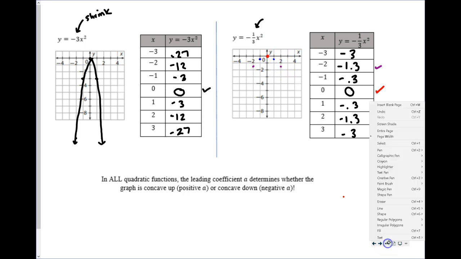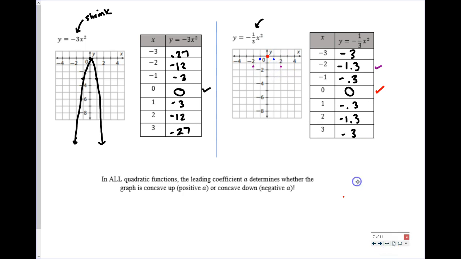All right, and then finally, negative 3, negative 3, I can graph that one, right? Do you see how much wider this is? Okay, that's what the fraction does to the graph. It makes it wider, okay? So the final conclusion here, in all quadratic functions, this leading coefficient a determines whether it's concave up or concave down, and it determines a shrink or a stretch.